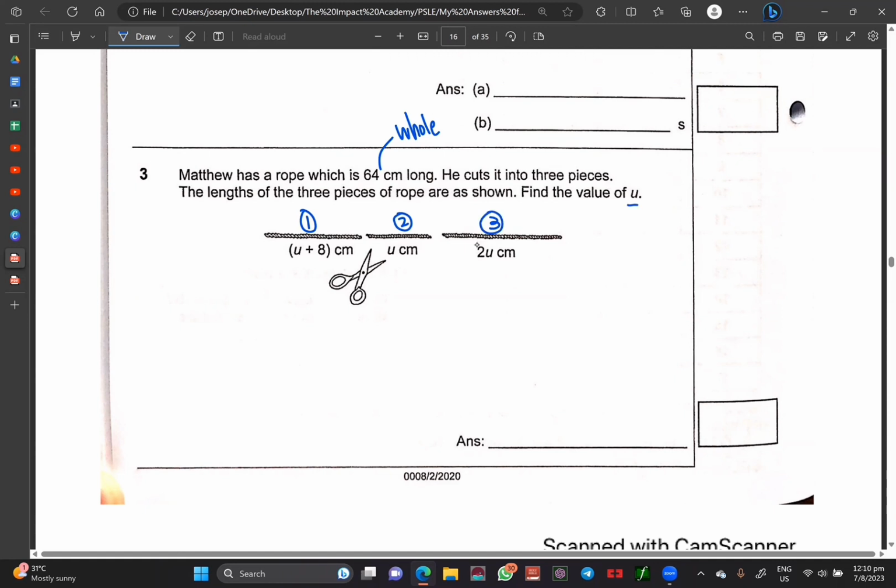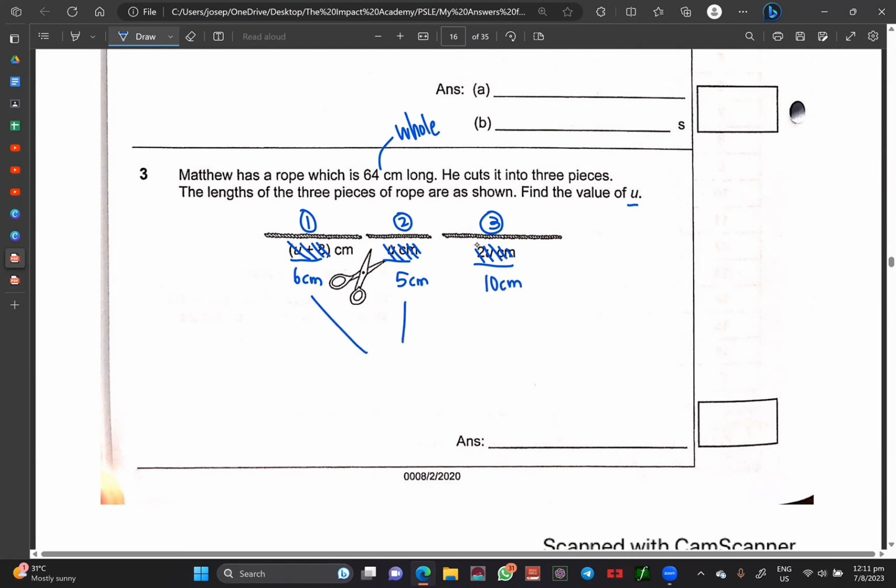Whenever that happens, what you want to do is to form an equation. What do I mean? Did you realize that u plus 8 plus u plus 2u is actually equal to 64? Right? So if I may just simplify it for you, for those of you who have no idea what exactly is u, let's imagine this, okay? I change all of this to a number, say for example 6 cm, 5 cm, and maybe 10 centimeters over here.